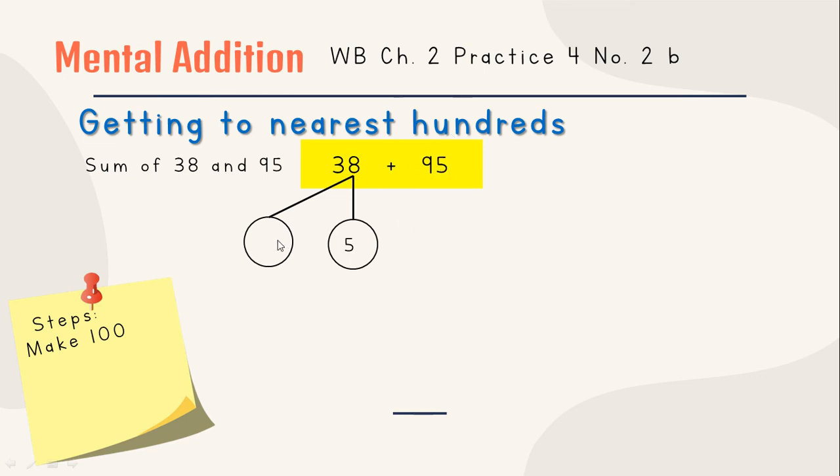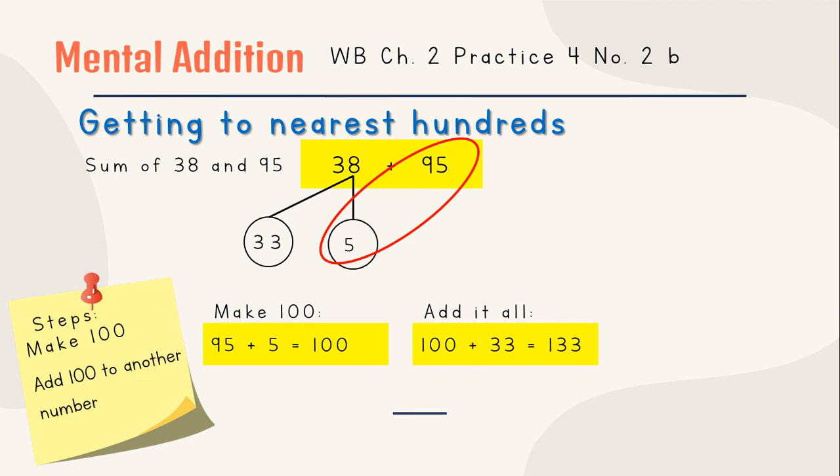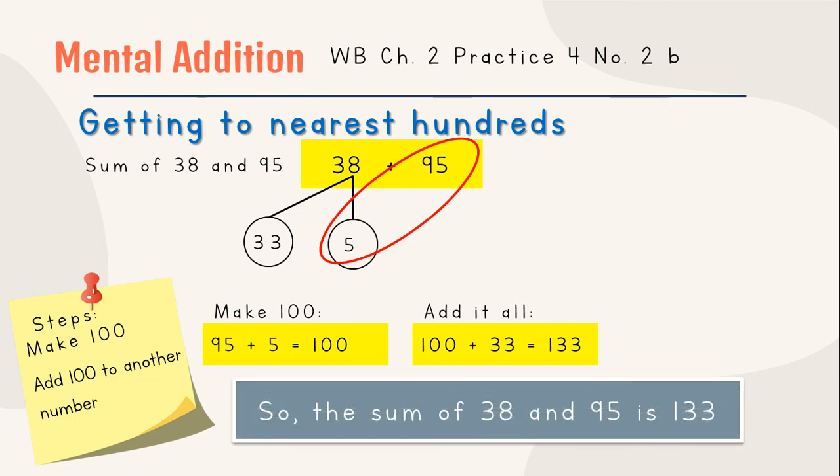And how many here? 38 minus 5 equals 33. So to make 100, 95 plus 5 equals 100. Add it to another number, which is 33. The sum of 38 and 95 is 133.